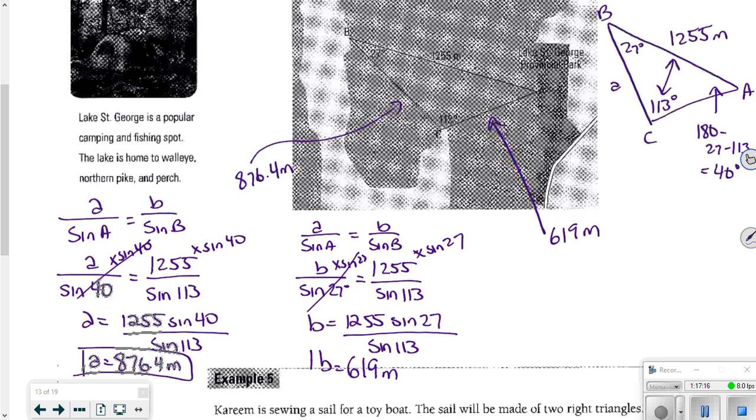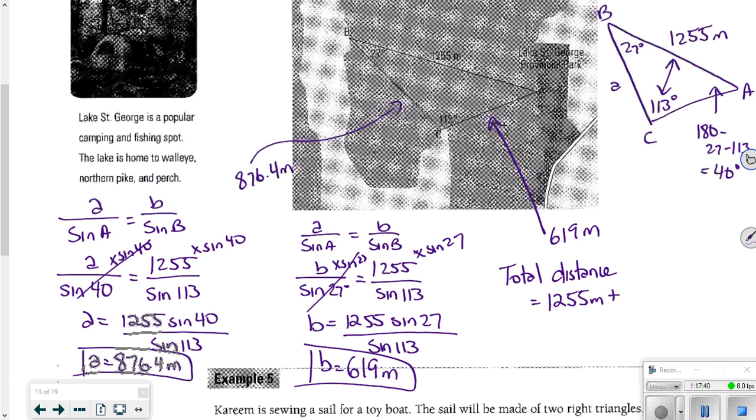Neither of those is the actual answer to the question. The question wants to know if he starts at A, travels all the way around his triangle, how far has he actually rowed? So the total distance is going to be, if he starts at A to B, is 1255 meters.